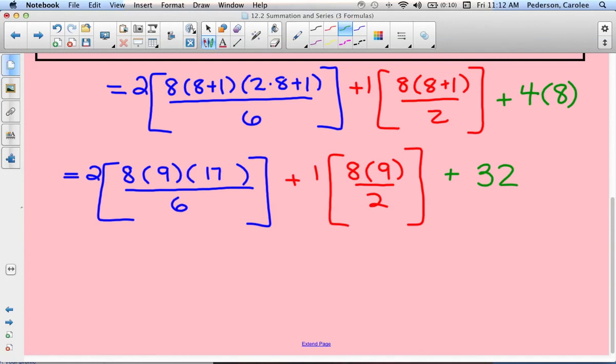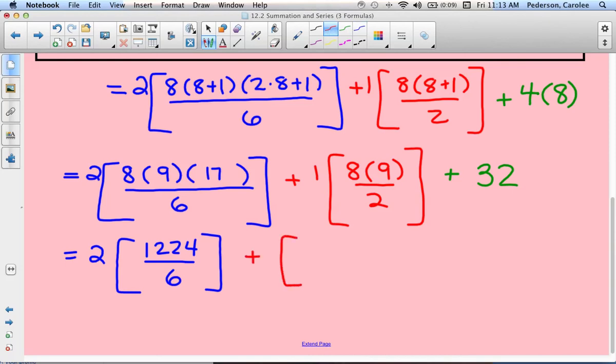Now let's clean up that blue part. So 8 times 9 times 17 is 1,224 over 6. And then let's go to the red. 8 times 9 is 72 over 2.